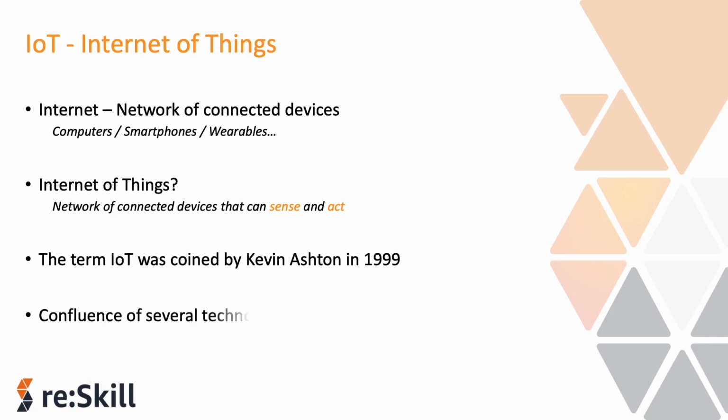And then over the years, it has been a mix of several technologies that have come together, right from the computation, the chips getting smaller, to the communication. There are Wi-Fi, Bluetooth, LoRa, Zigbee, and NB-IoT.